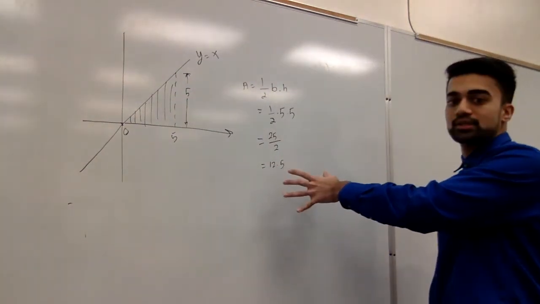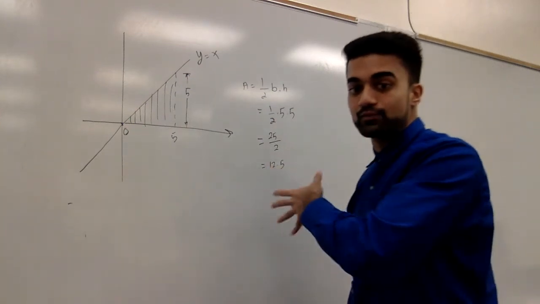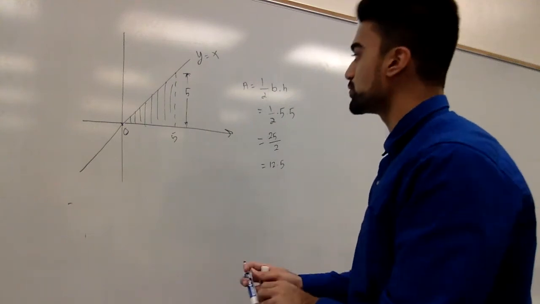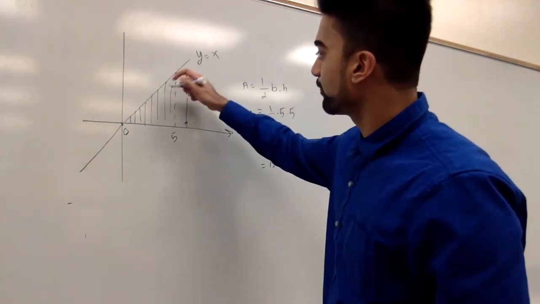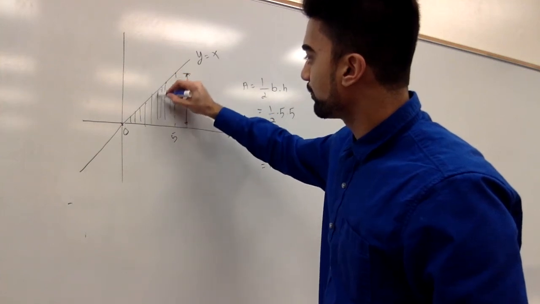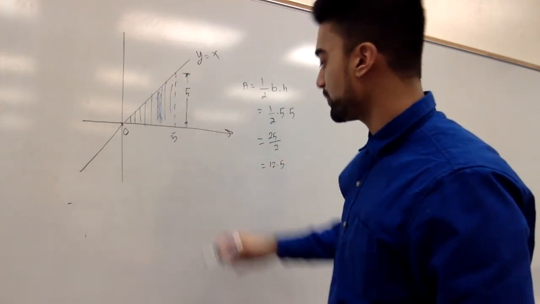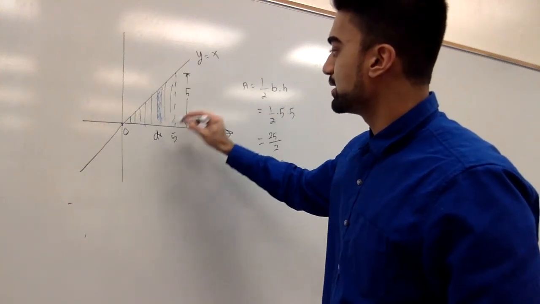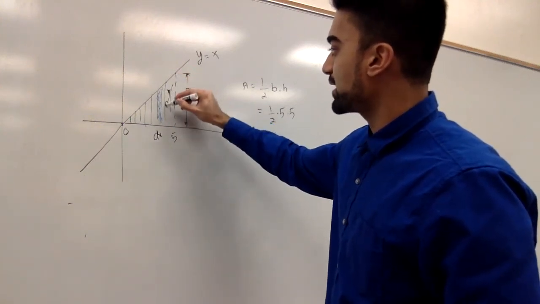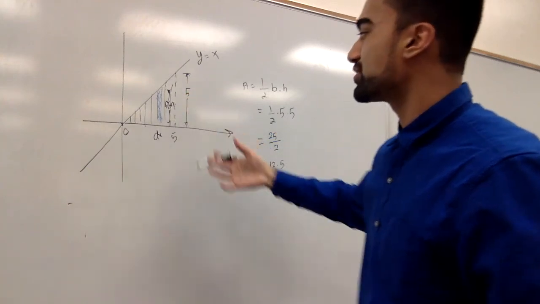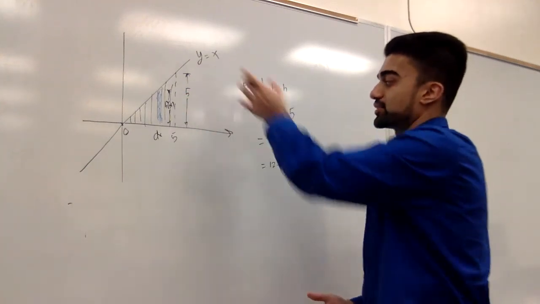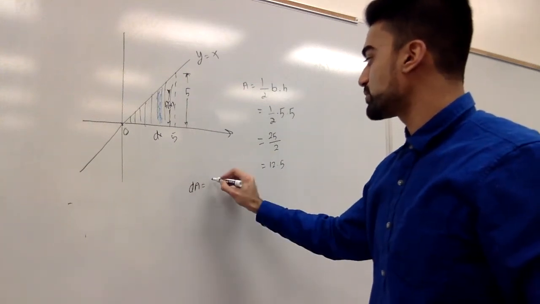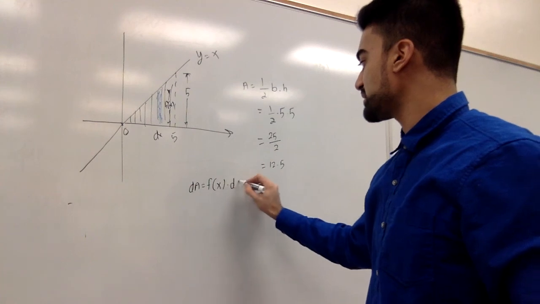So let's use the idea of integrals and see if we arrive at the same answer. So for the integral, let me choose a tiny strip right here. So this is going to represent my differential area, and my width is going to be dx, and my height is going to be f(x), or you can just call it y, because y is still a function of x, right? And the differential area is going to be f(x) times dx.